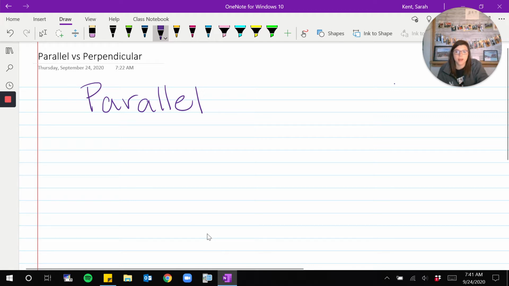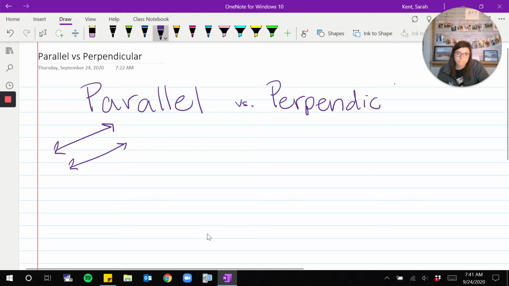So parallel lines will run side by side and never touch. Whereas perpendicular lines are lines that do cross, but they don't just cross any way, they cross at 90 degrees.